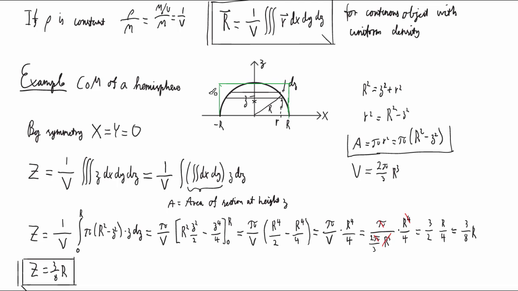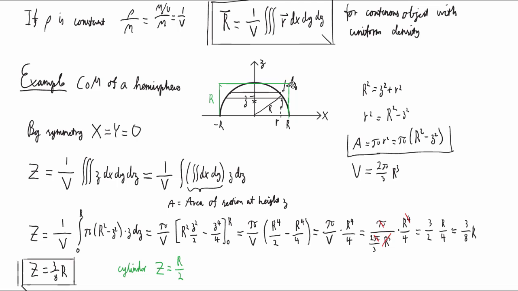It would have height R and radius R. By symmetry, its center of mass should be at the center. So for the cylinder, the center of mass is going to end up at z equals R over 2. For the hemisphere, which is fatter near the bottom, the center of mass should be lower. 3/8 is less than 1/2, so that makes sense.